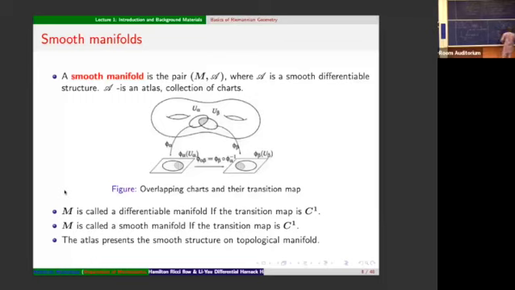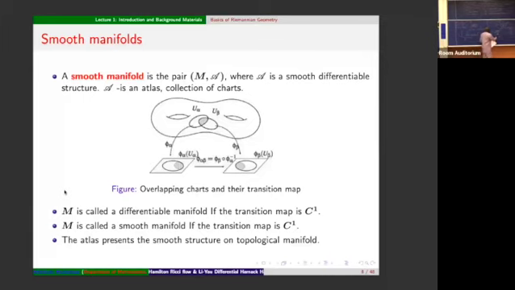So this P here, what you have here is another homeomorphism, and you have phi y taking U of y. So now this is overlapping charts. And of course, you can have as many as that to cover the whole manifold, as I wrote the other time.